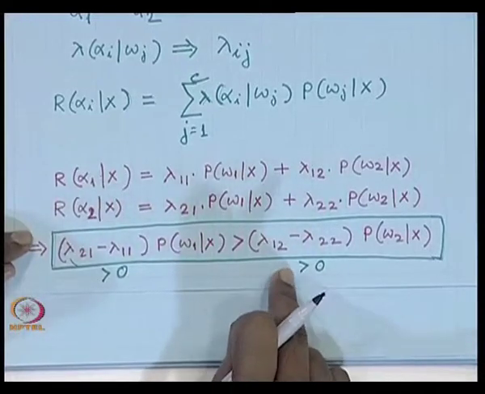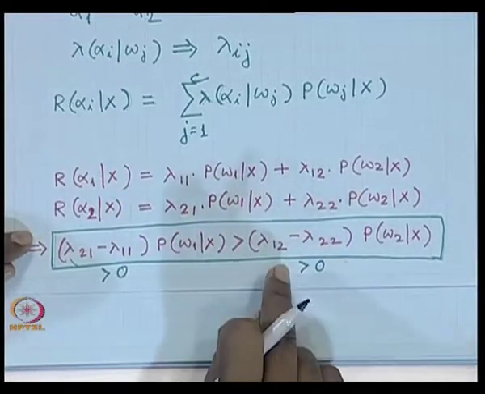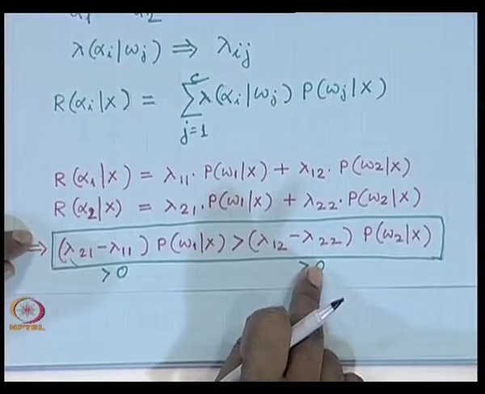Similarly, lambda 1 2 minus lambda 2 2 is also a loss difference between taking a wrong decision and taking a correct decision.